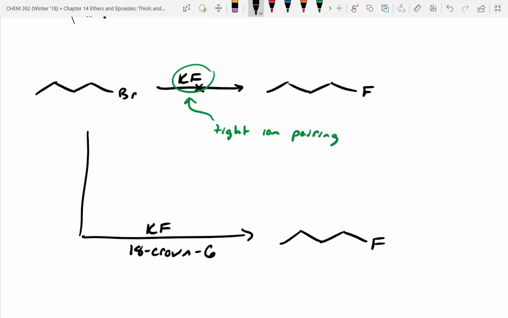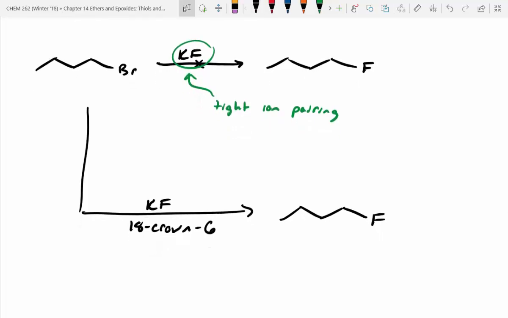So this is commonly what these crown ethers are used for, is they're used to break up ion pairing to make your anion that much more reactive as a nucleophile, base, etc. So this is a more modern branch of chemistry, and the Nobel Prize was awarded in the 60s for the chemists that helped develop this. All right, I know it's kind of an offshoot, but interesting stuff.